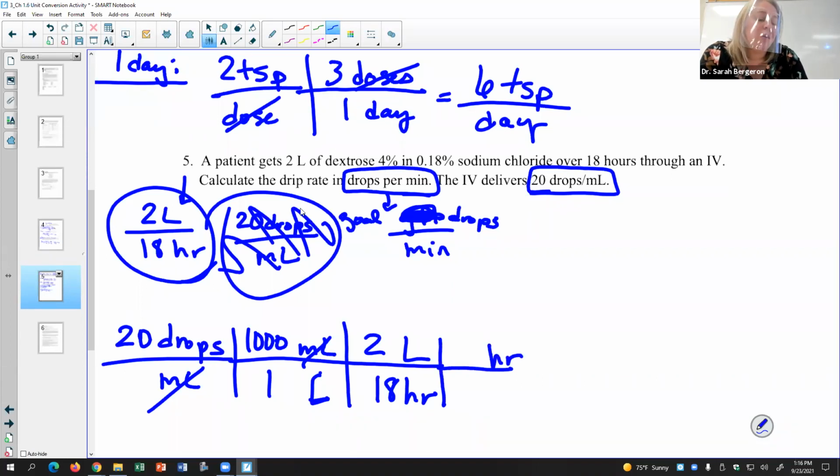So I want to get rid of hours and I want to get to minutes. Do y'all know something that can help me? How many minutes in an hour? 60 minutes in 1 hour. Now, let's make sure my liters have canceled, my hours have canceled. I'm in drops per minute.